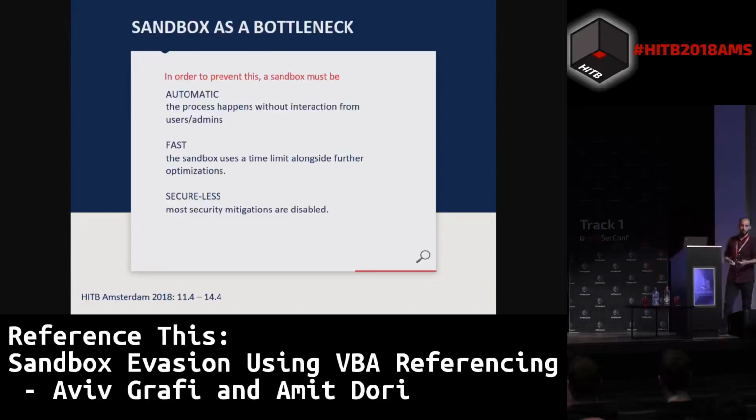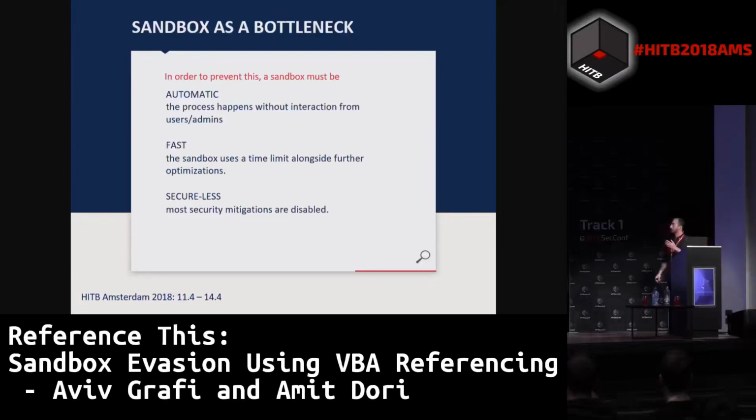So you have to set a time limit, and you have to have optimizations at the virtualization level, and so forth. And the final point, which is, I think, the most important one, is the secureless feature. It kind of supports the two features above, in the sense that it's a sandbox environment. It's virtualized, it's in a different segment of the network. If anything happens to the sandbox, nothing will happen.